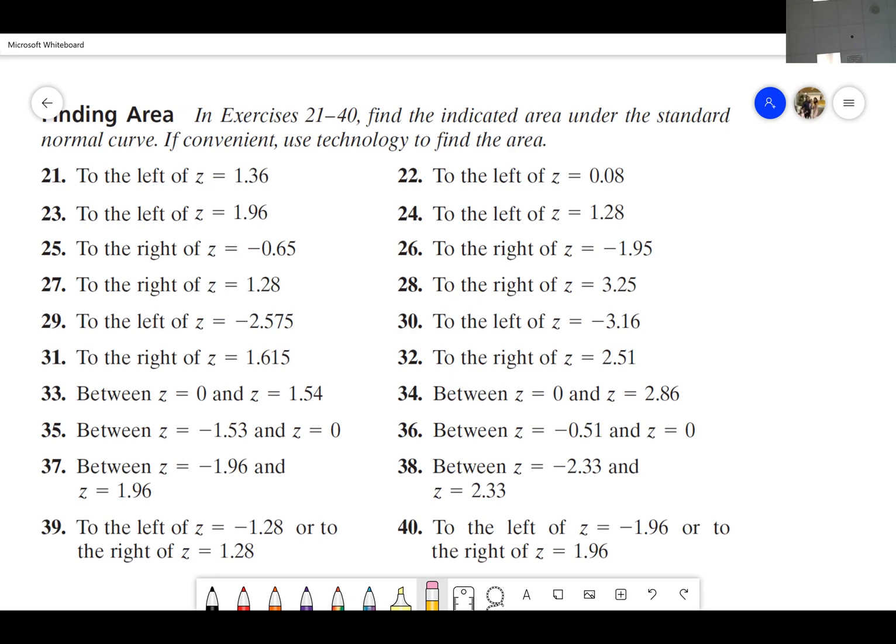Okay. But now, here's what's interesting. Well, it's not too interesting, but something you should know. The mean here was 20. The mean here was 25. So you have two normal curves there, one with one mean and another with another mean. And each of them has a different sigma.